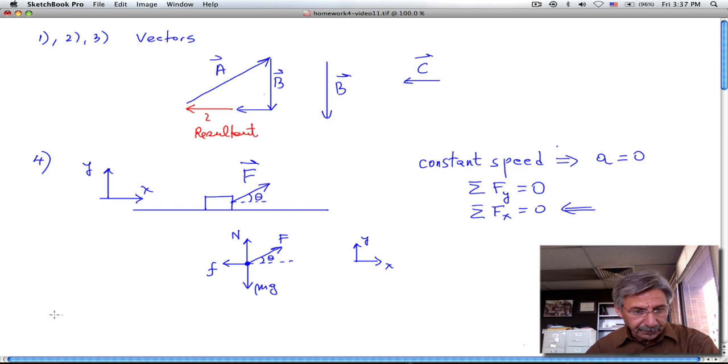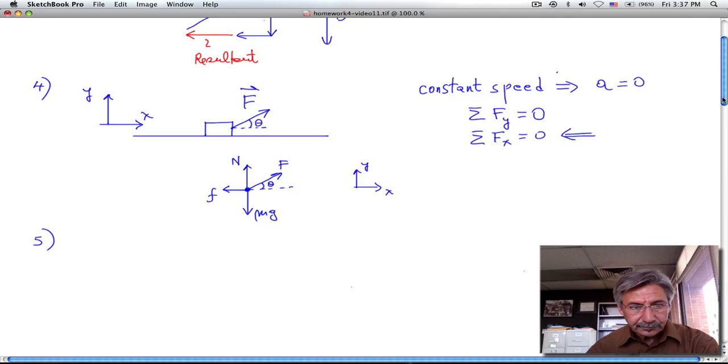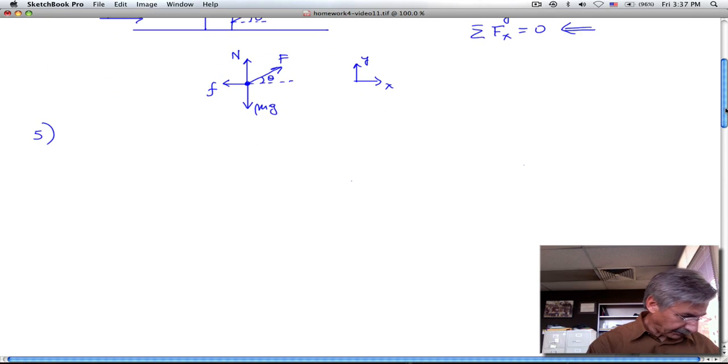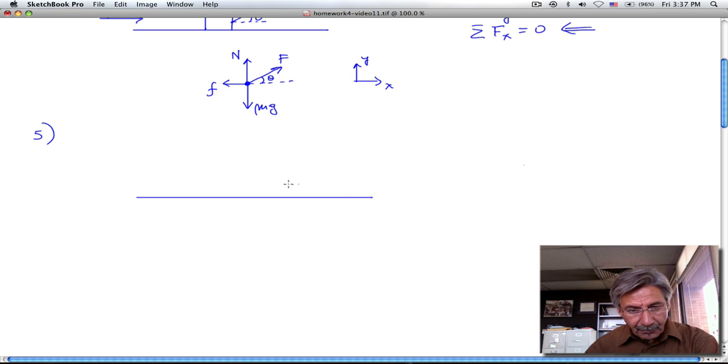So in problem number 5, now you have a crate that is on the ground, and there is no friction.